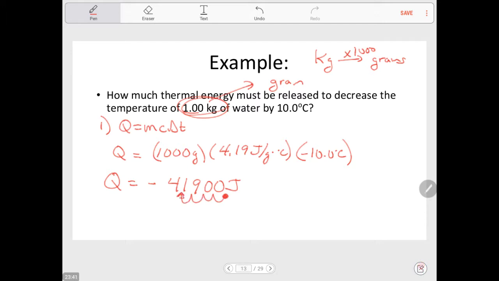You always move it there in between the first and the second number. So really, it's going to be minus 4.19 times 10 to the 4 joules. In other words, the water must have lost or given away 4.19 times 10 to the 4 joules, and that does make sense since the temperature did go down.